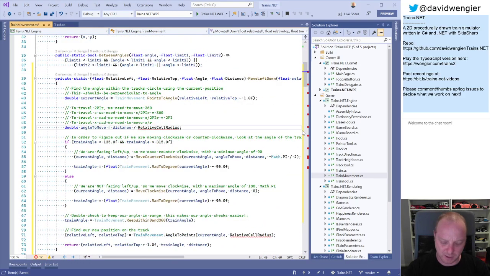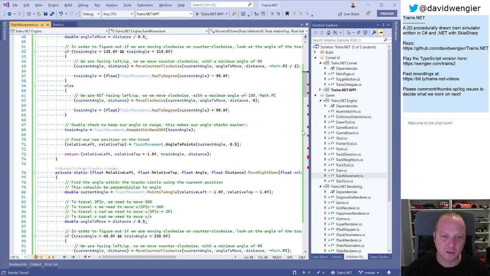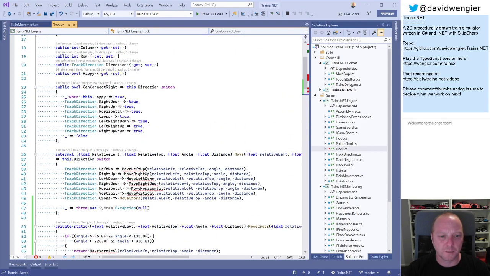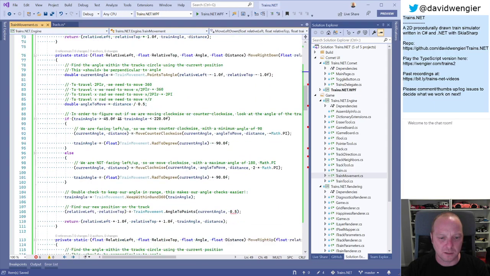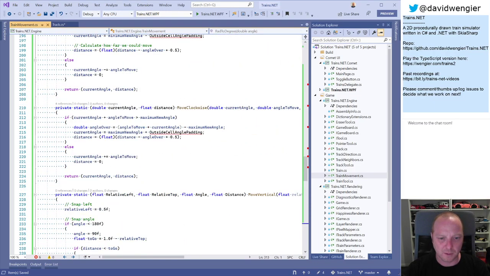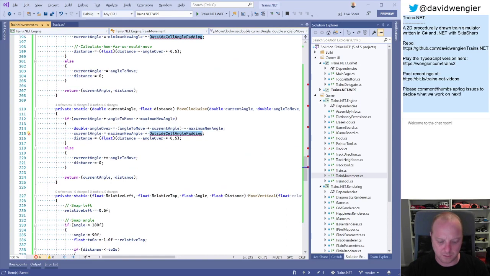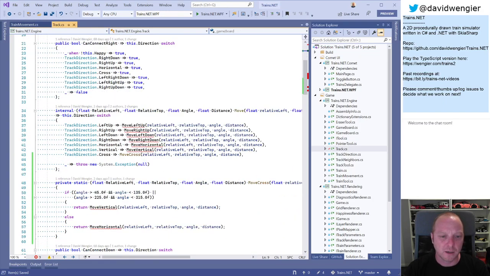I'm actually totally fine with hard coding that to 0.5. And what was this? Outside cell angle padding. Let's hard code that as well for now. We can always extract them again.